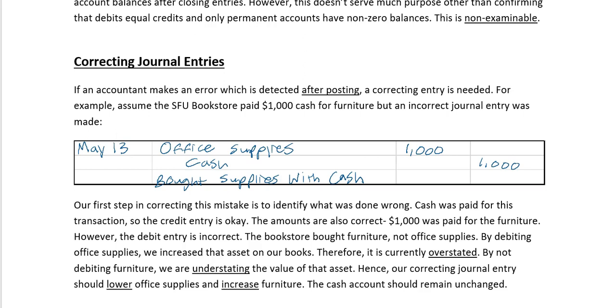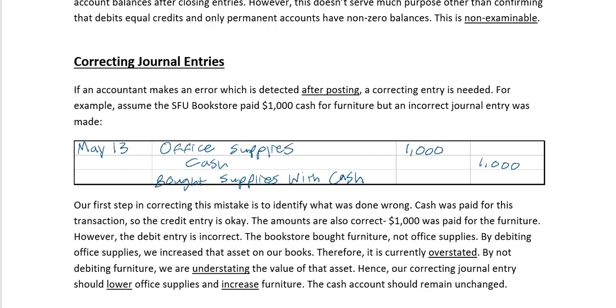Our first step in correcting this mistake is to identify what was done wrong. Cash was paid for this transaction, so the credit entry is okay. The amounts are also correct. $1,000 was paid for furniture. However, the debit entry is incorrect. The bookstore bought furniture, not office supplies. By debiting office supplies, we increase that asset on our books.